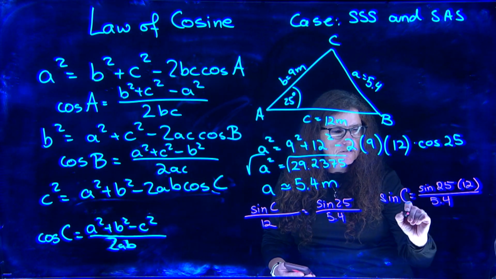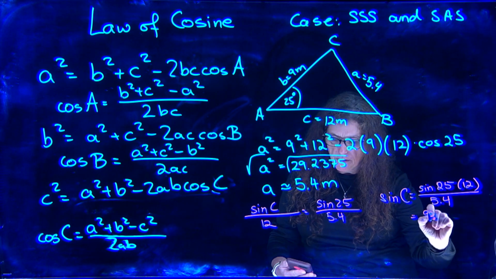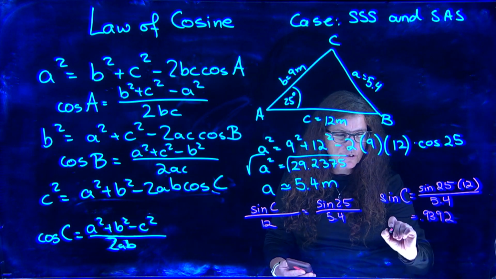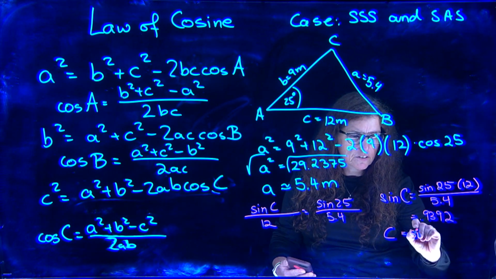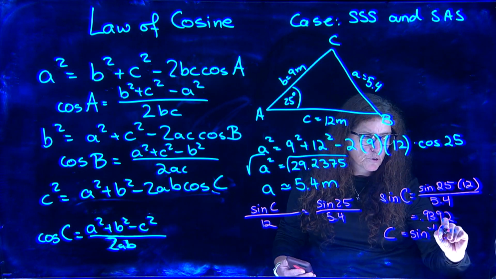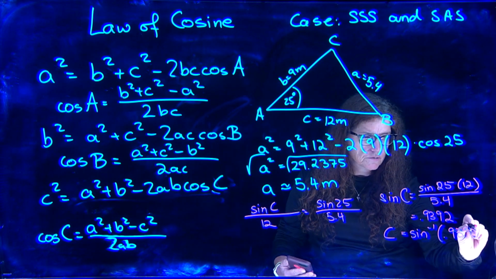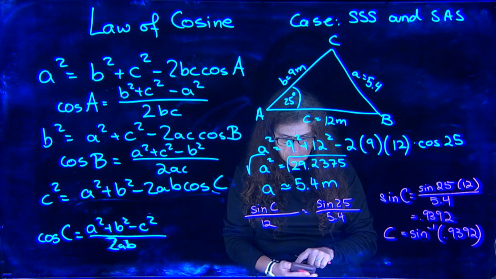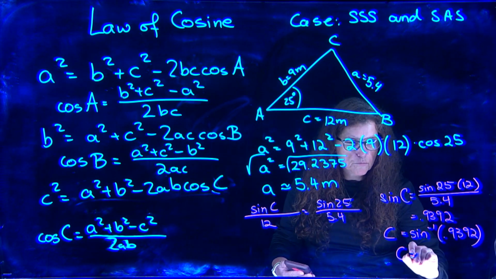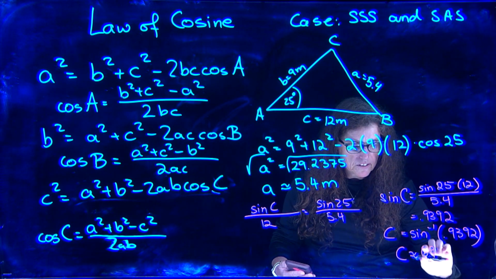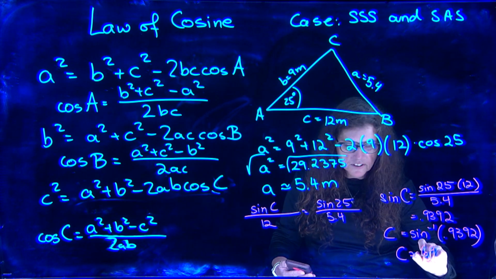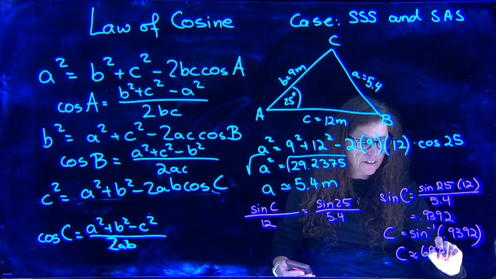That is 0.9392. So to find the angle, inverse sine of 0.9392, and C is approximately 69, not 6.9, 69.9 degrees.